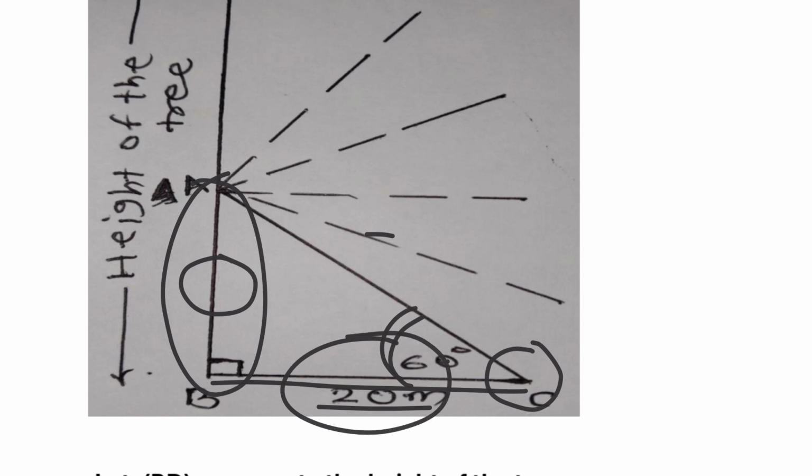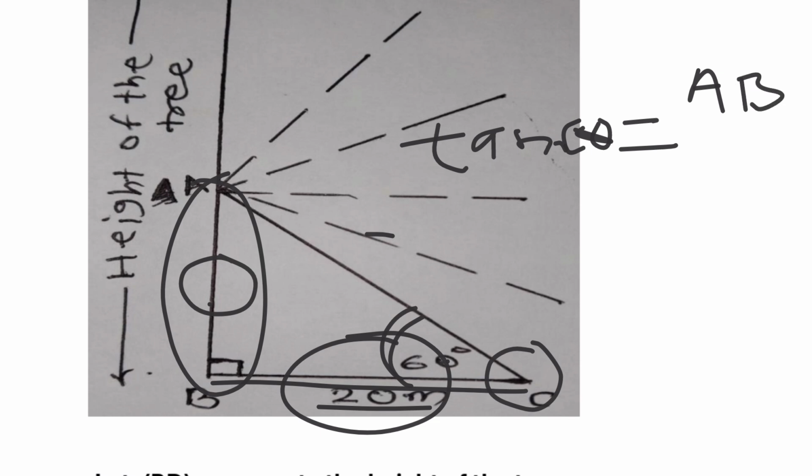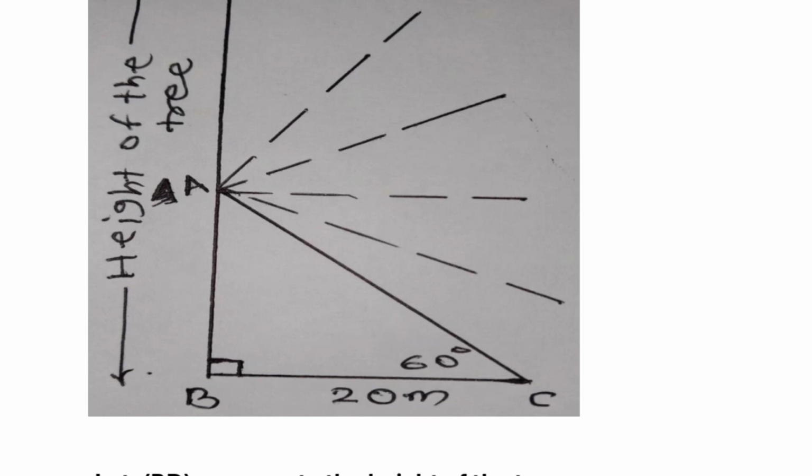Here tan 60 degree is equal to opposite side AB upon adjacent side BC. Then we put values. Now look here.